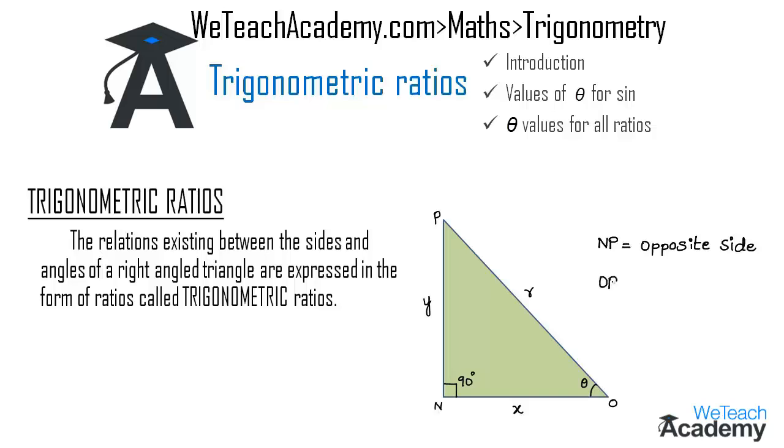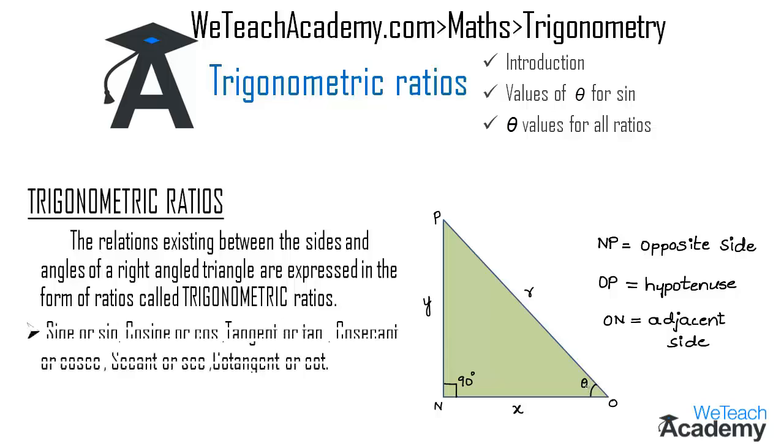Now let us consider OP, which is the hypotenuse of the triangle, and the side adjacent to the angle theta, which is ON. So ON will be equal to the adjacent side of the triangle. The relation existing between these sides and the angle is expressed in the form of ratios. Those ratios are named sine, cosine, tangent, cosecant, secant, and cotangent.